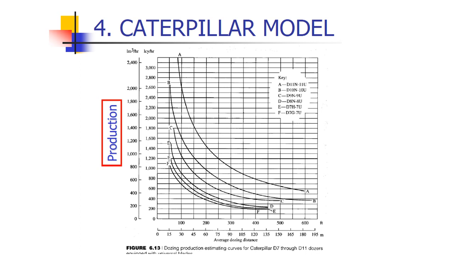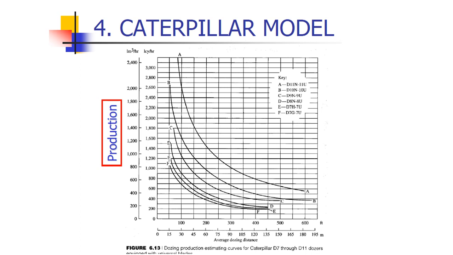However, if we look at D7H7U in that slide for U dozers, we'll find that the maximum distance has significantly increased. It became 135 meters instead of 120, and the production has significantly increased.